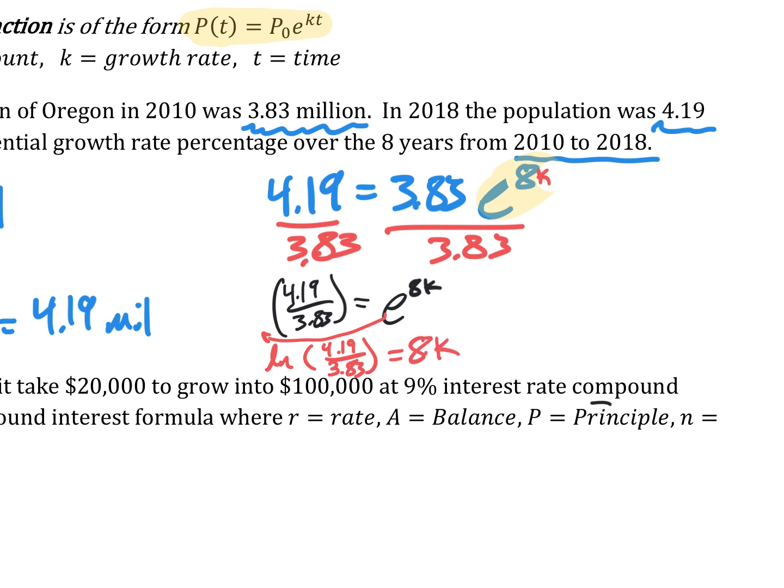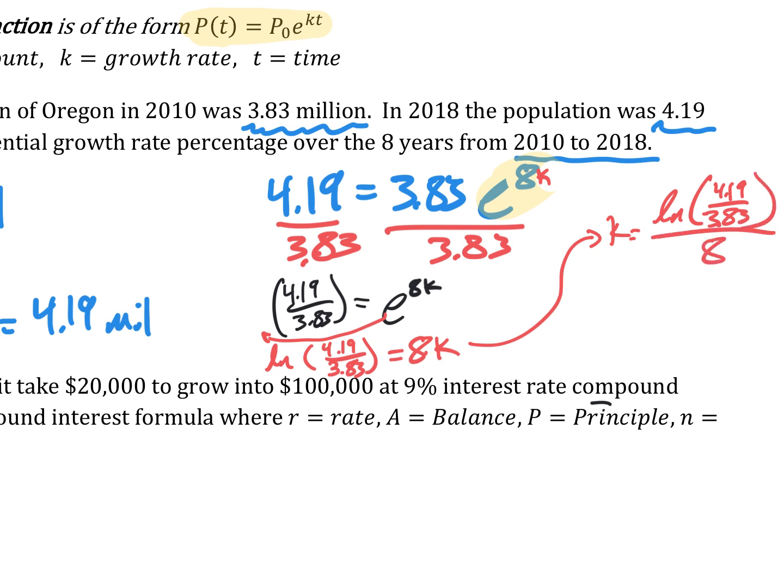And the last step is divide both sides by 8. And that's going to give us K is the natural log of 4.19 over 3.83, divided by 8.